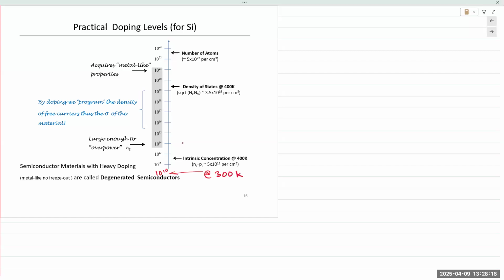Okay. So the lowest is pretty much 10 raised to 14. 10 raised to 14 atoms in a semiconductor material per centimeter cube would be enough to be higher than the intrinsically generated charge carriers. Okay.